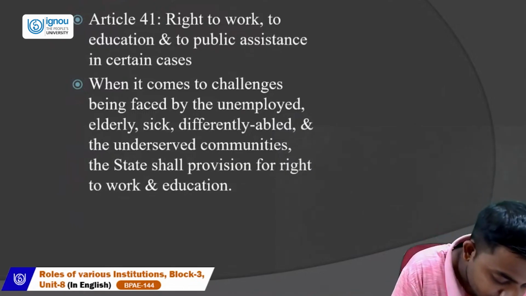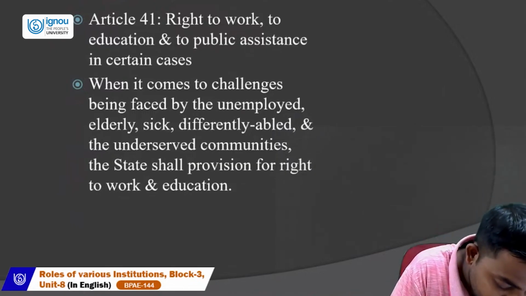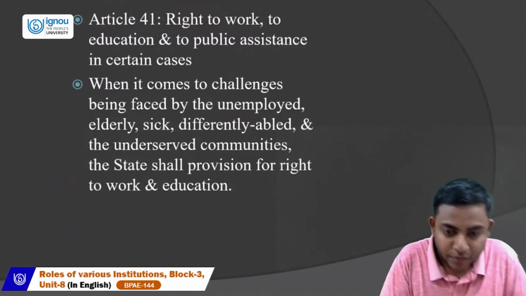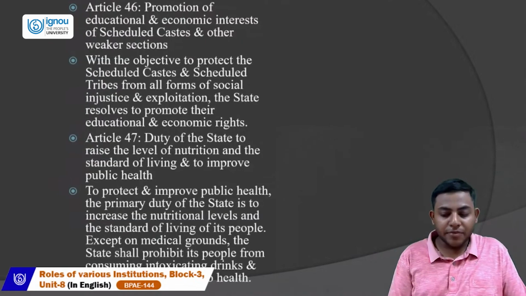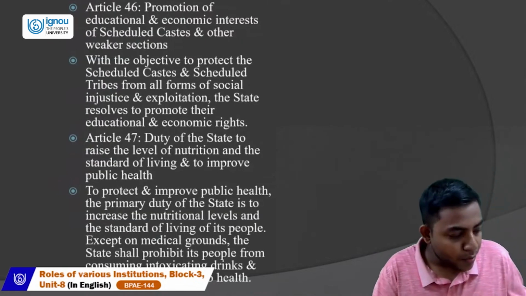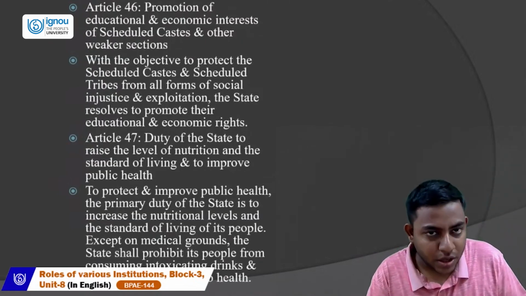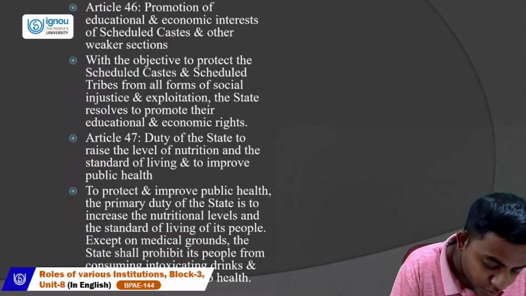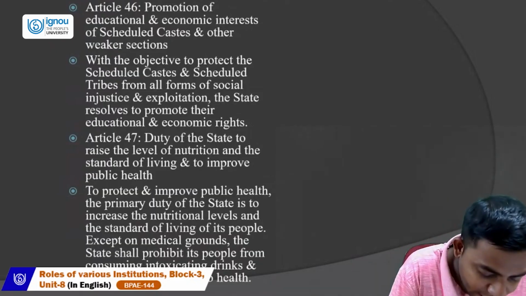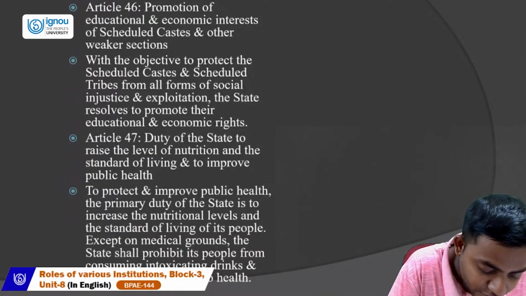So this basic structure doctrine, it was formulated by the judiciary in its 1973 landmark judgment of Kesavananda Bharti versus Union of India. So there is Article 46 in the Constitution, which says that it is the duty of the state to promote the educational and economic interests of the scheduled castes and the scheduled tribes.